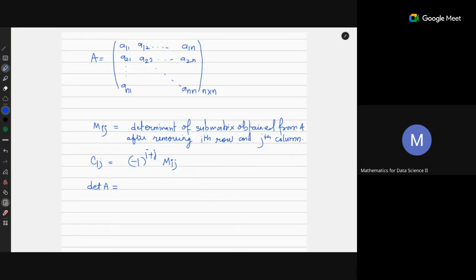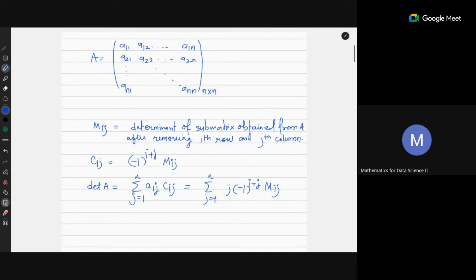So in particular, I will be looking at A1j times the cofactor C1j, and j will vary from 1 to n. And this is the same as expressing it in terms of minors, by writing the expression of the cofactor in terms of the minor.